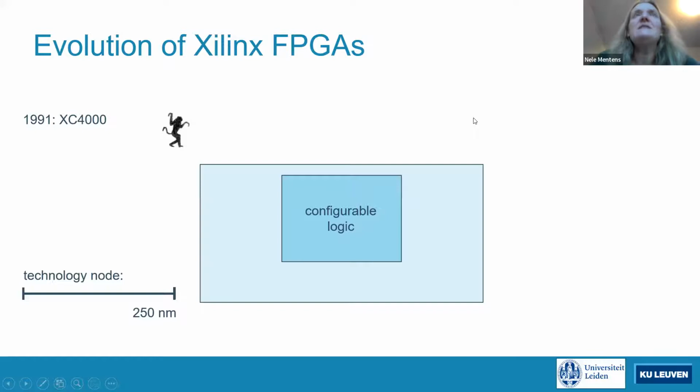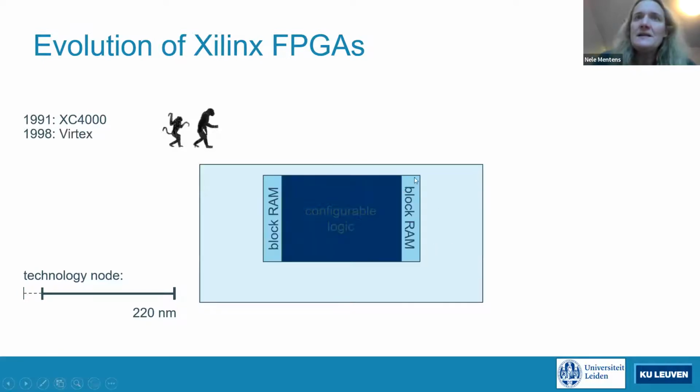But then FPGA vendors started to realize that it would be more efficient to implement some functionality in more dedicated blocks. For example, the first thing that happened was that embedded memory blocks were added. And in Xilinx terminology, these are called block RAM.